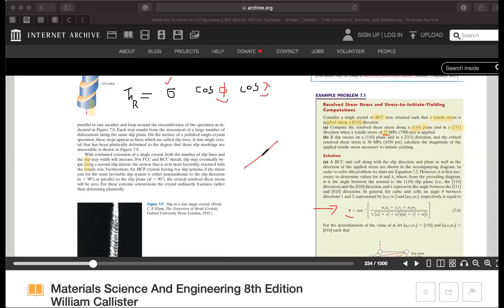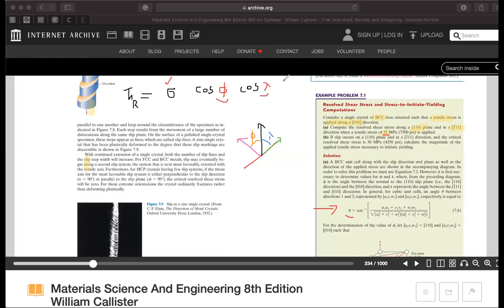This is whatever you are applying, and this is parallel to the surface, and this is the normal to the surface, and this one is lambda, and this one is phi, right?